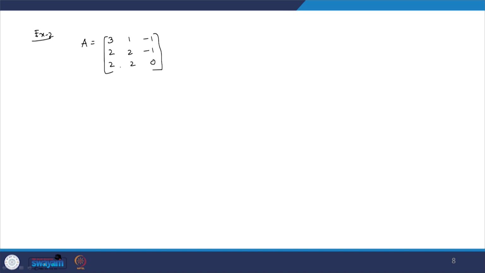So, if I consider this matrix A equal to [3 1 -1; 2 2 -1; 2 2 0], then we have the determinant of A minus cI. We can easily calculate the determinant of A minus cI, and you can check this is equal to (c minus 1) into (c minus 2) whole square.